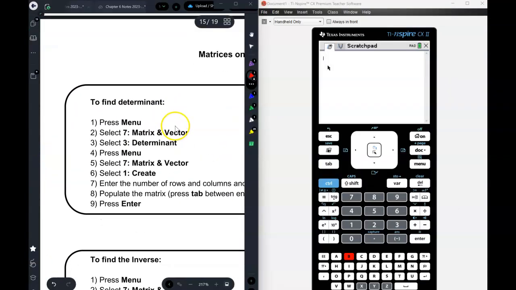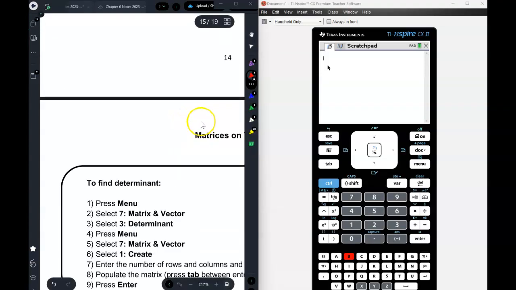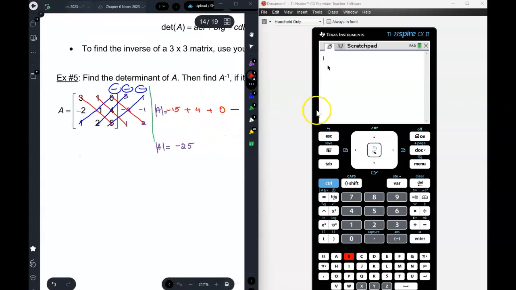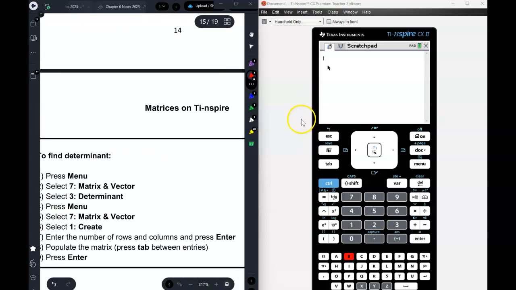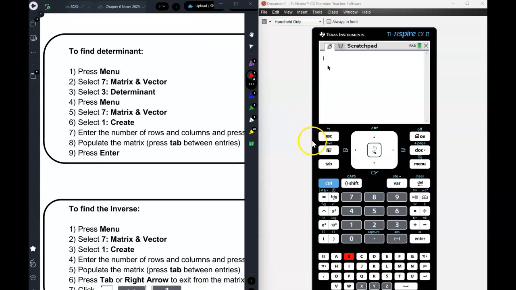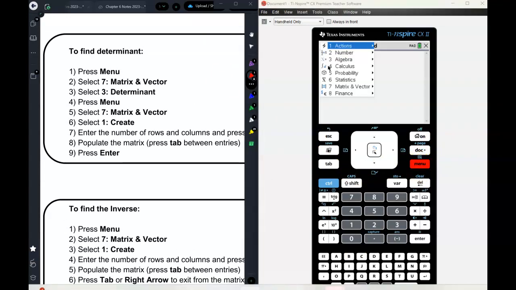Okay, I actually have steps on the back page. So if you go into menu from the home screen, go ahead and take out your calculator. If you go to the menu, we never noticed, but there is a matrix menu here.